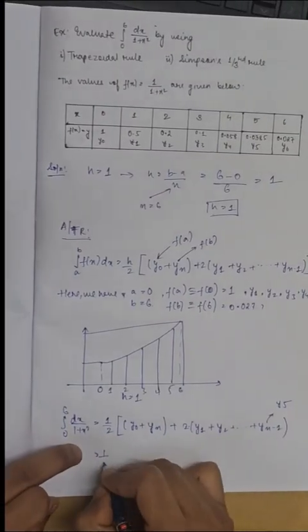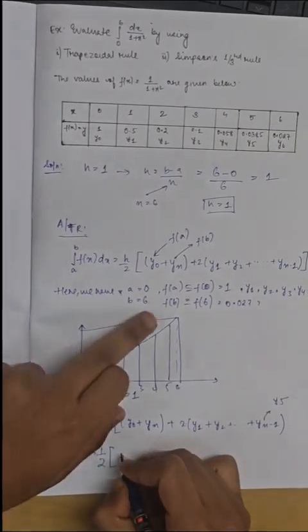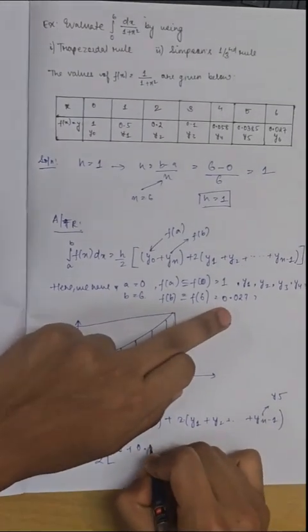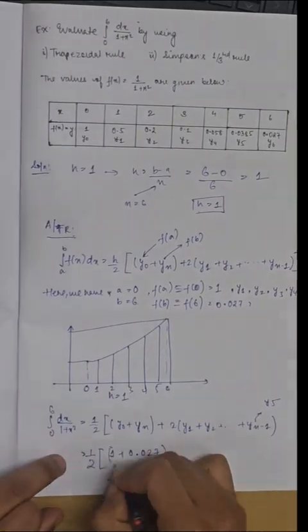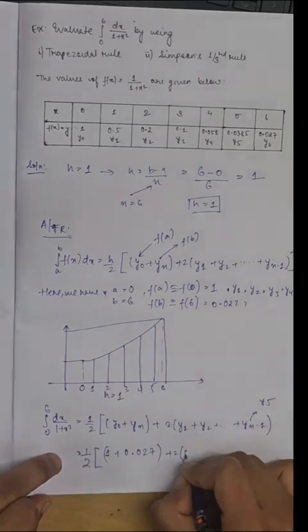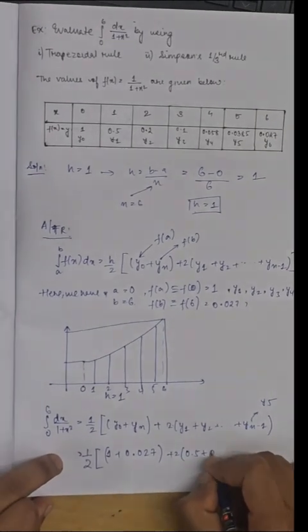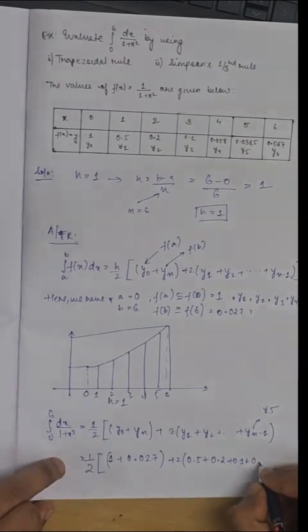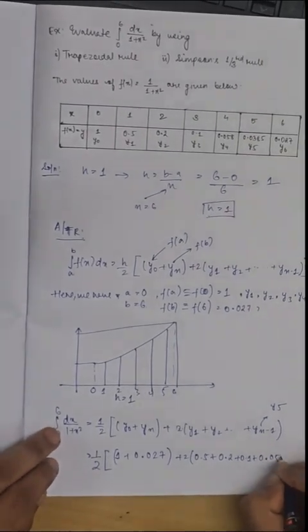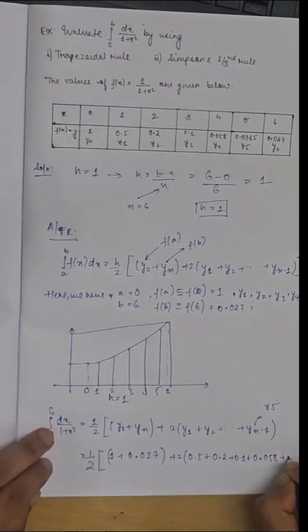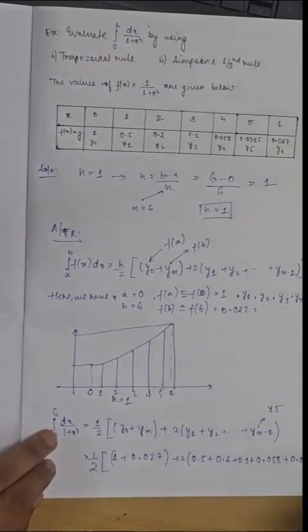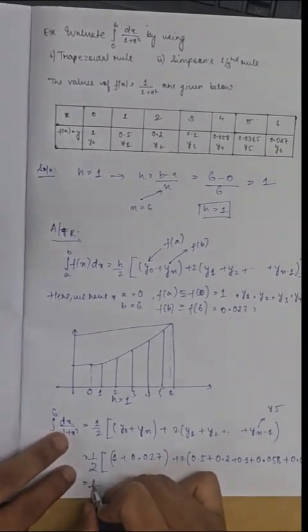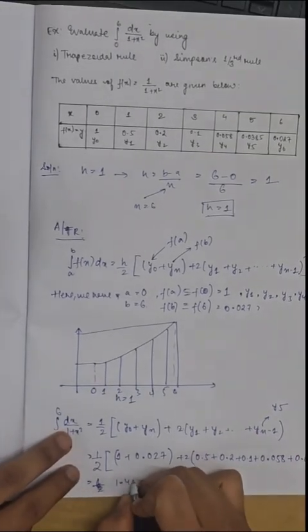So let's just put in the values. y of 0 is 1 plus y of n is 0.027 plus 2 into y of 1, which is given as 0.5, plus y of 2, which is given as 0.2, plus 0.1, plus y of 4, which is given as 0.058, plus y of 5, which is given as 0.038. After evaluating this, we get a final answer of 1.14.